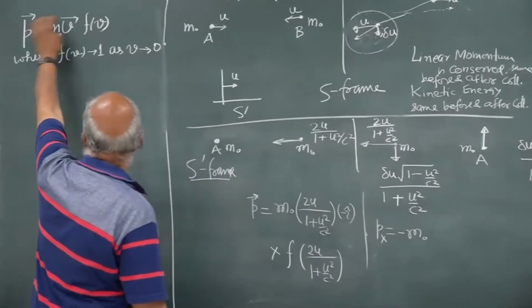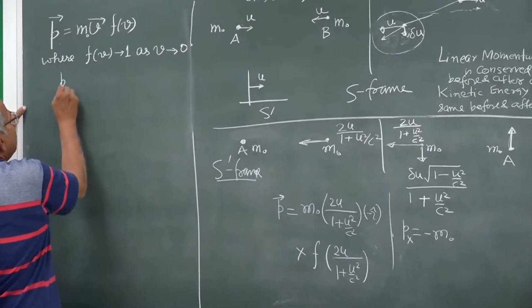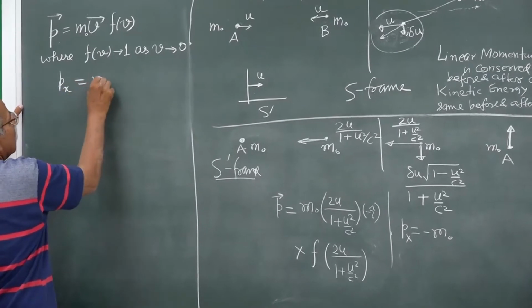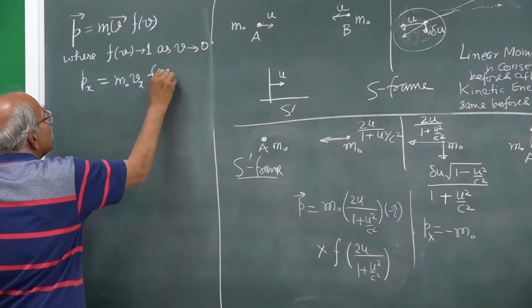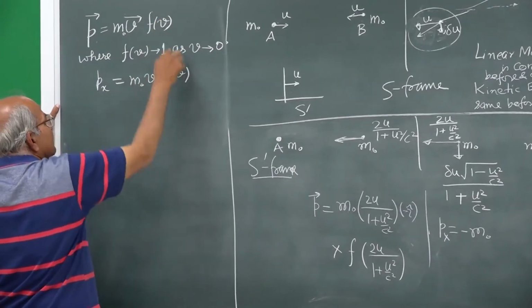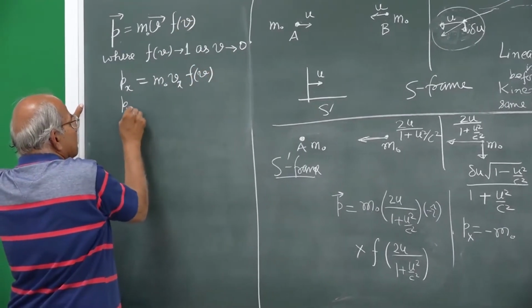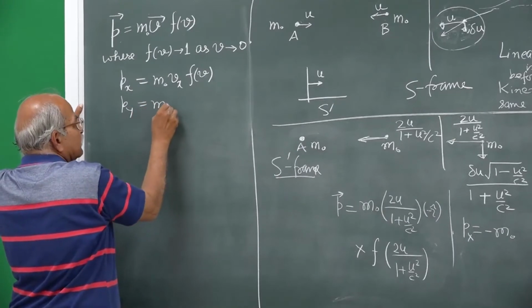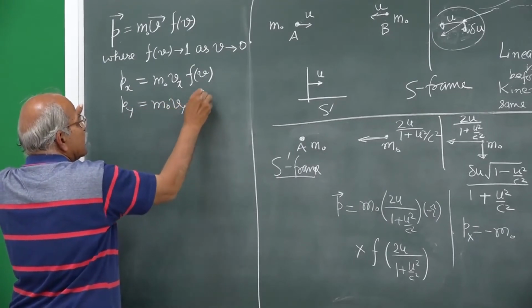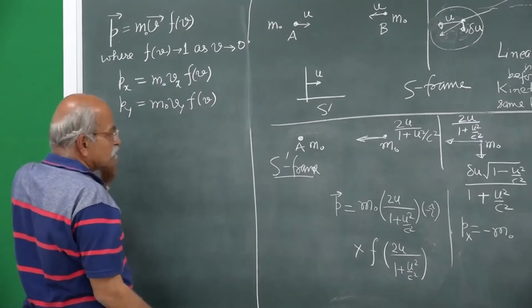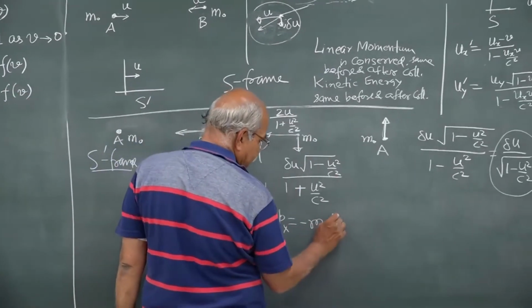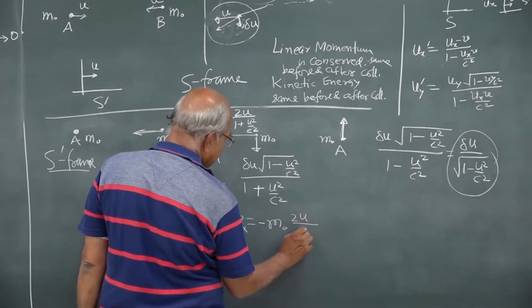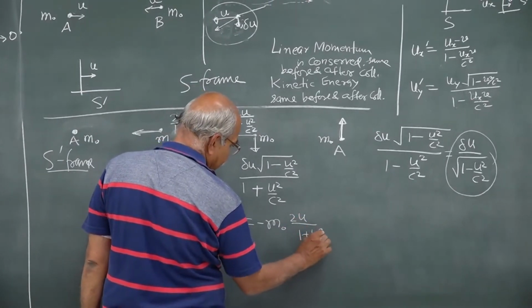So, if you write x component p x, that will be m naught into v x component, and function of v, this is a speed, remember this is a speed. So, it remains the same, p y is m naught v y, then f of v, it is like this. So, here it is m naught and the velocity is 2u by 1 plus u square by c square.